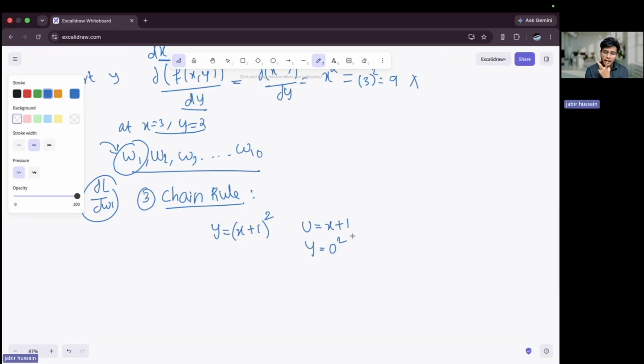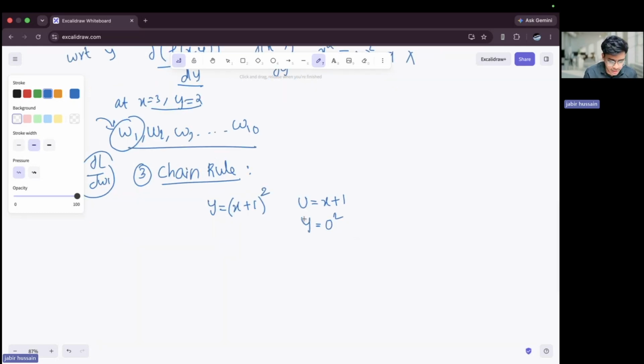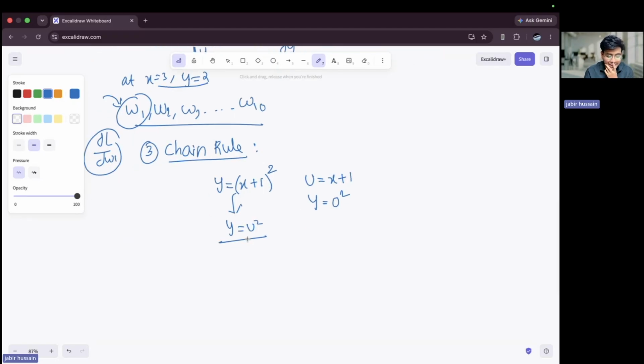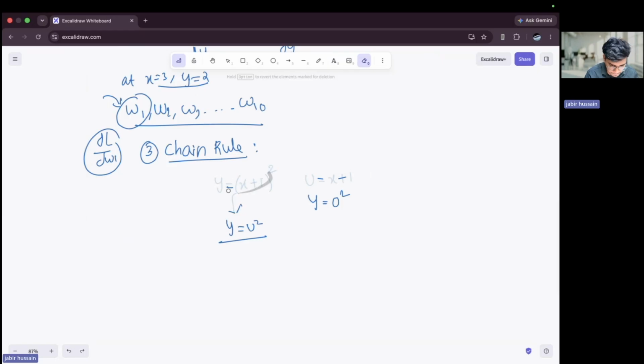Okay, now, to calculate dy by dx, I can write y is equal to u square. Now if I'm asking what is the value of dy by dx, if I gave you this expression, right? Just forget it, I don't want to create any confusion, let me erase everything.